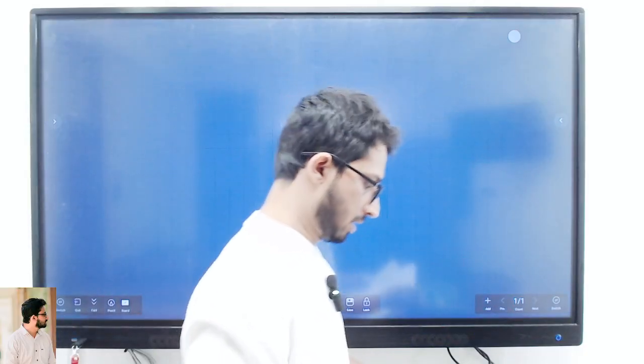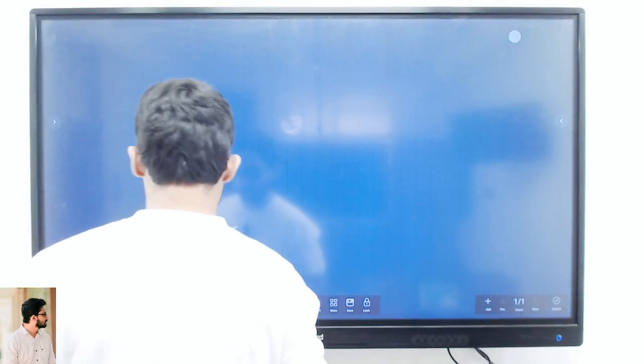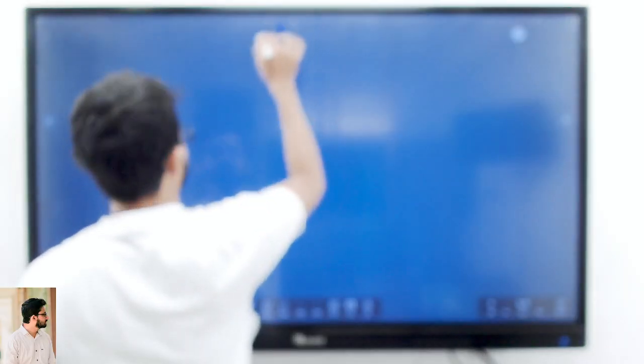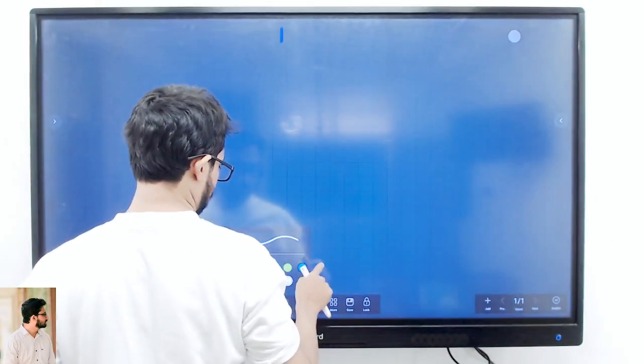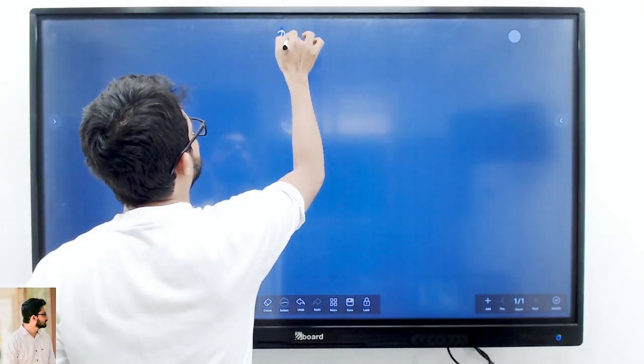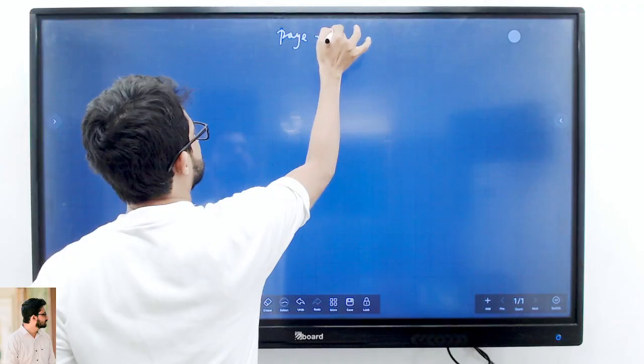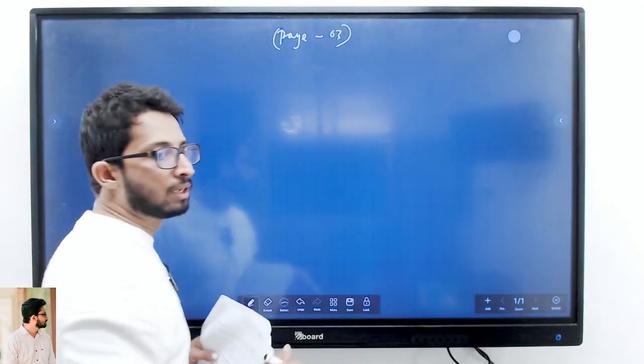This is page number 3, the note for the industry.